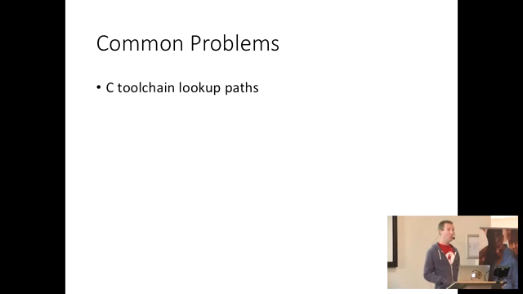There are, of course, even more problems than that. C toolchain lookup paths. When compiling modules, the C toolchain looks in standard locations for includes and libraries. If alternate software is installed separately to avoid conflict with system packages, then users might have to pass environment variables like CFLAGS or LDFLAGS to make the compiler and linker look at the correct place.